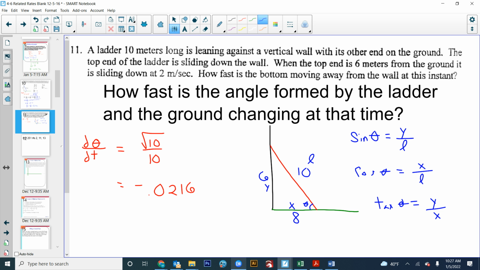It will work, but it will be difficult. Another reason is that the derivative of tangent of theta is secant squared theta times d theta/dt, and secant squared is complicated to evaluate, versus the derivative of sine or cosine, which is just the other off by a negative.